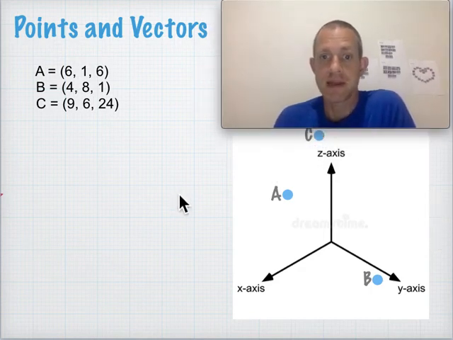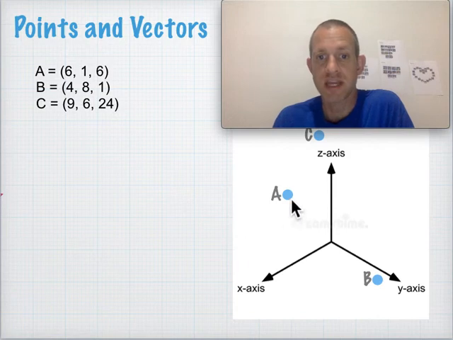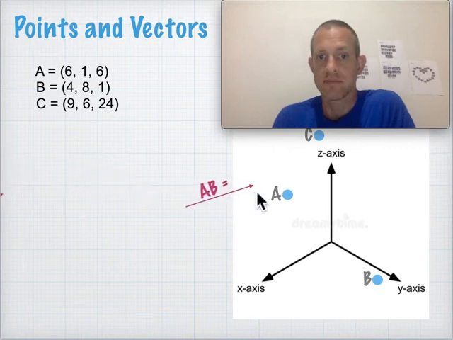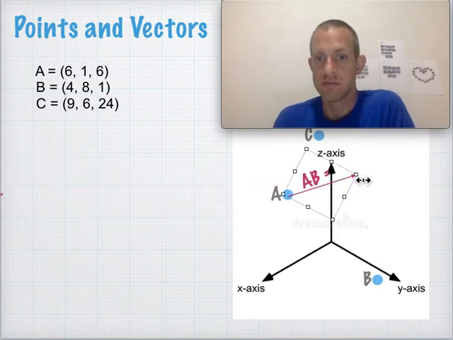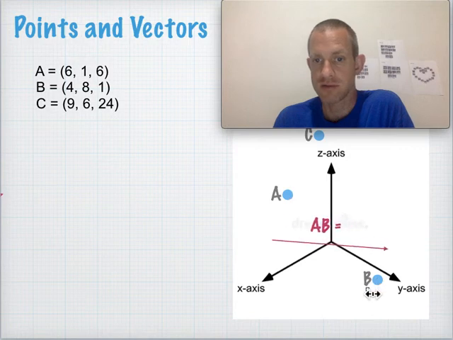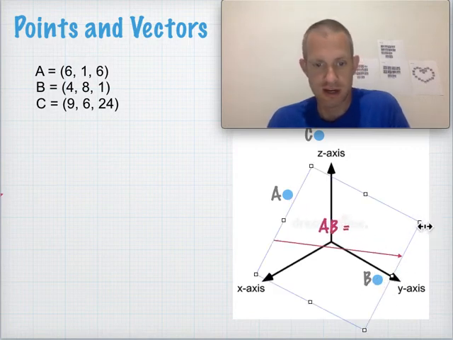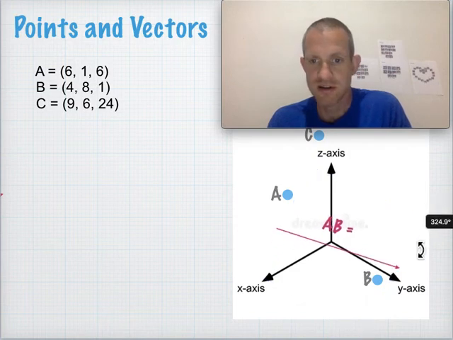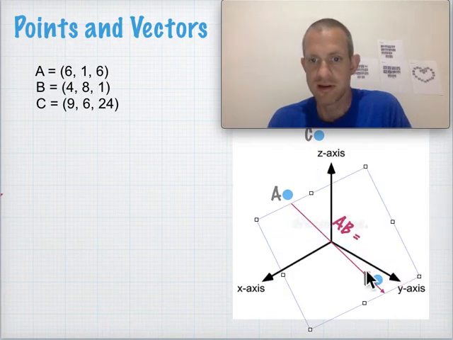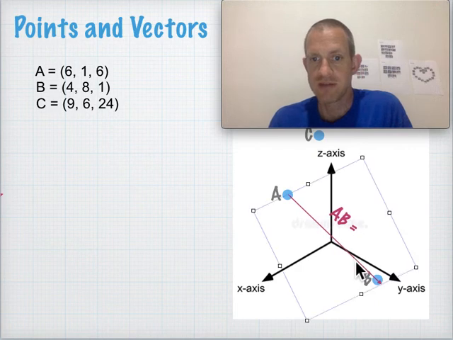And now if I wanted to describe how I get from A to B, then I would need a vector. A vector is usually drawn with an arrow. So I can move this around a little bit. But there, here is vector AB.